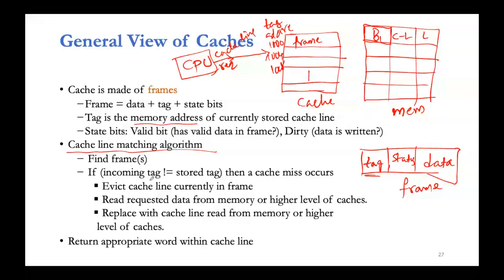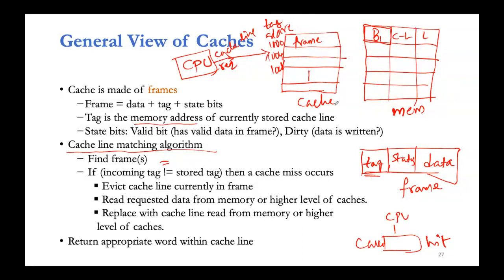If the incoming tag is equal to the stored tag, then there will be a hit, because the CPU requested it and it matches in the cache. If the incoming tag and the stored tag are not equal, then a cache miss occurs.